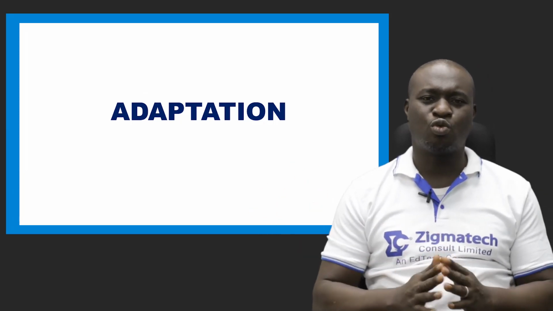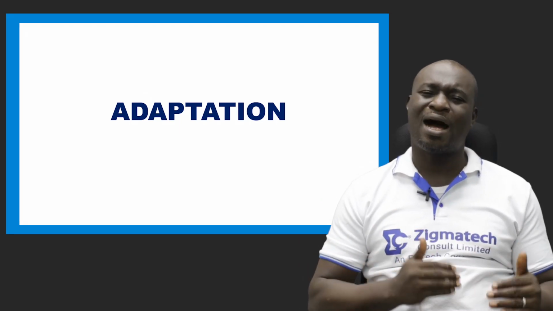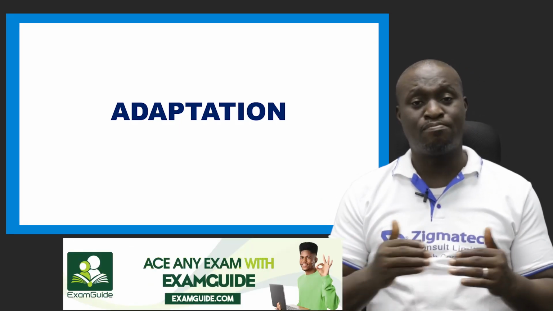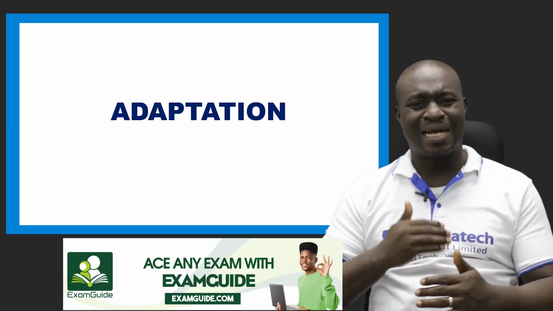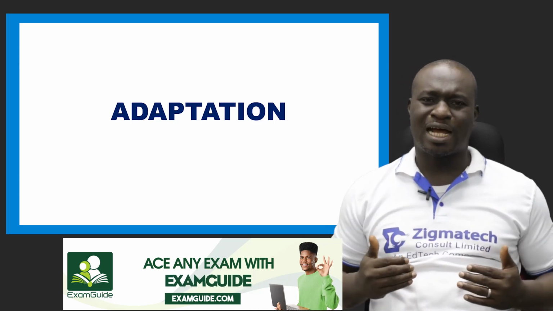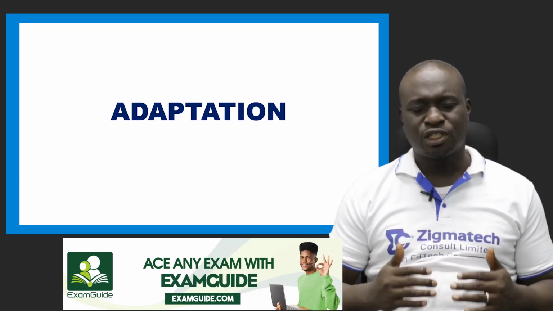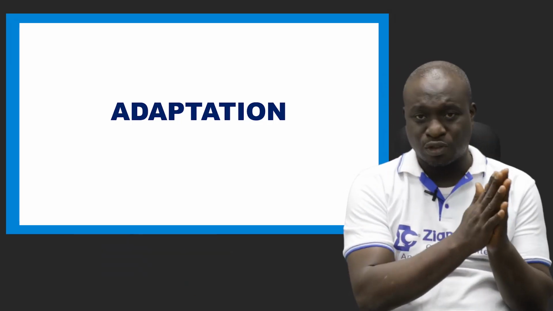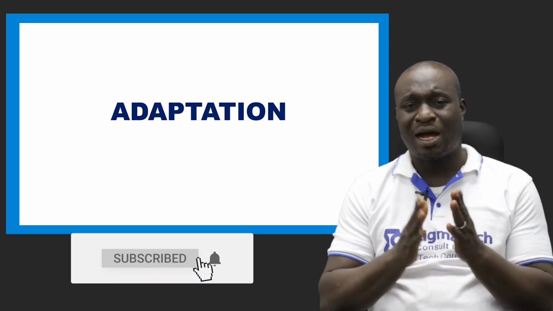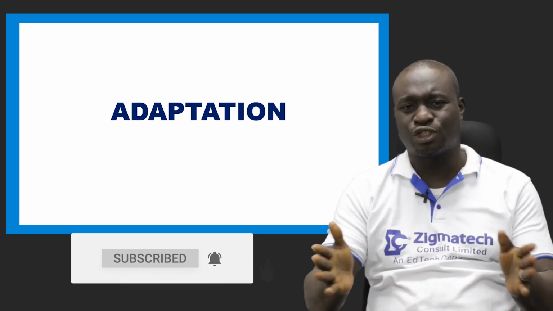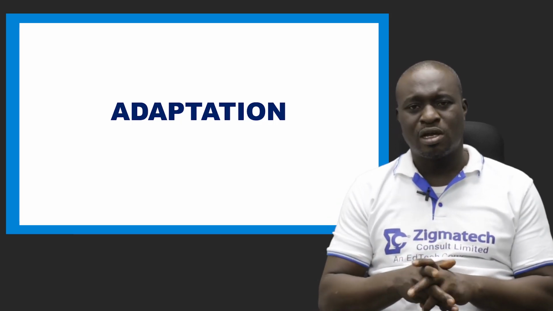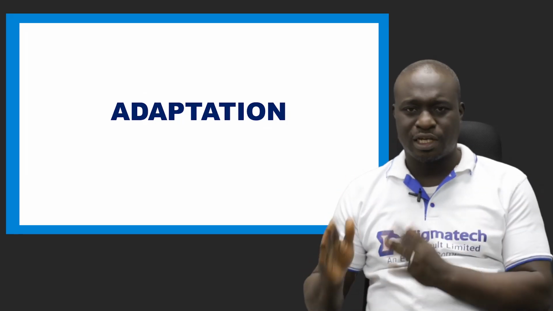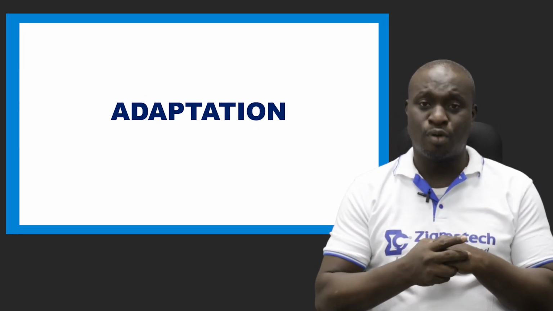But in adaptation 1, we're going to be looking at how living organisms, both plants and animals, adapt or adjust. What are some of the structures that must be in place for these living organisms to adjust to their environment, either aquatic or terrestrial, as well as arboreal?